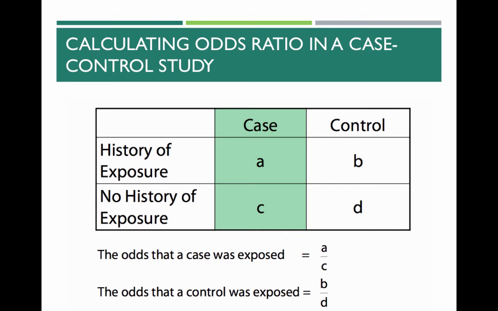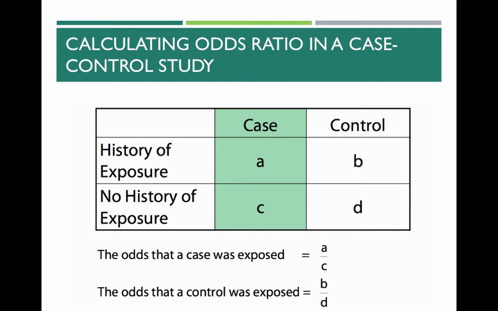Let's look at our 2 by 2 table for a second and figure out how to calculate an odds ratio in a case control study. So we have exposure on the left-hand side, just like a cohort study. Yes, there's a history of exposure, and no history of exposure. And then the outcome, instead of having outcome as we would in a cohort study, we have case and control status.